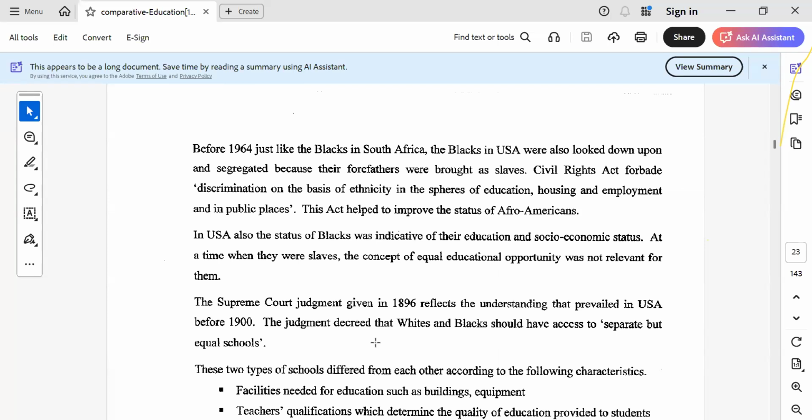The Civil Rights Act forbade discrimination on the basis of ethnicity in the spheres of education, housing and employment, and in public places. So this act helped to improve the status of Afro Americans. Even Sri Lanka also faced the same issue, right?